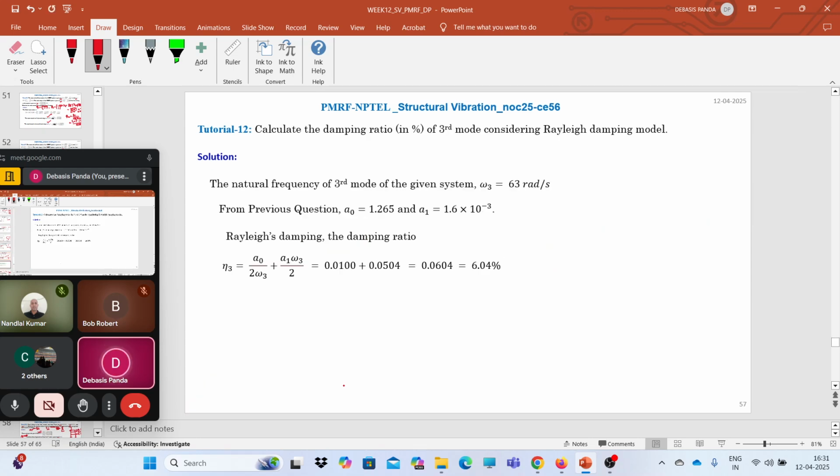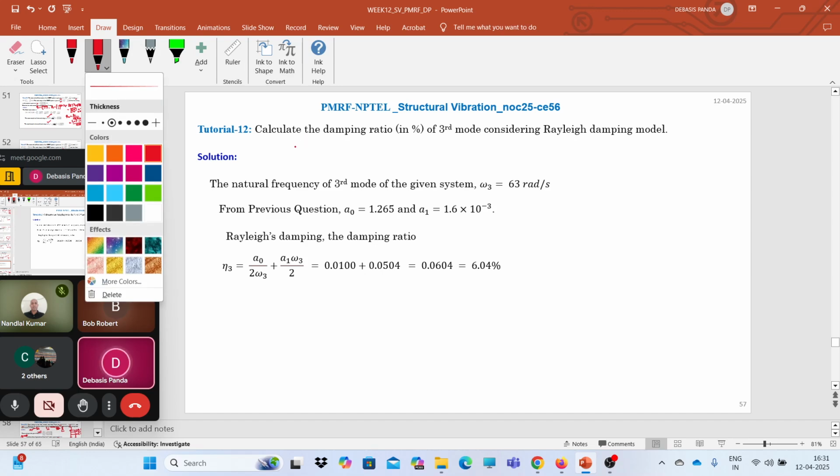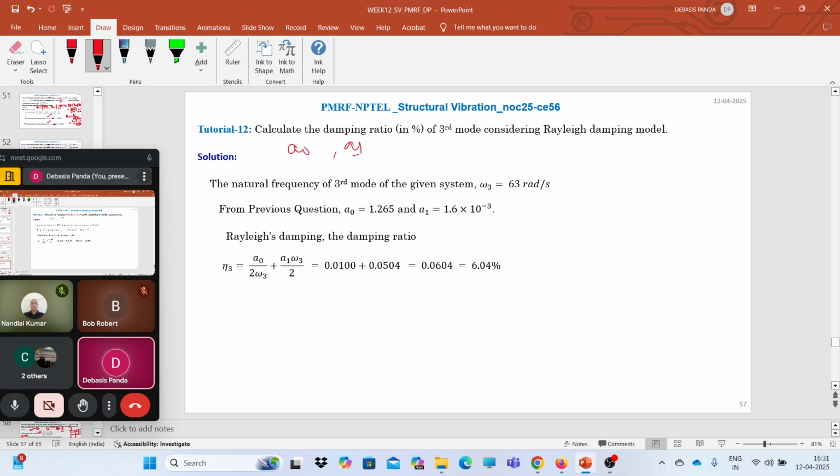Now, continuing this problem, it says to calculate the damping ratio for the third mode considering Rayleigh damping. Once you have calculated a0 and a1, and you have omega 1, omega 2 and omega 3, you can easily calculate zeta 3 using the Rayleigh damping model.